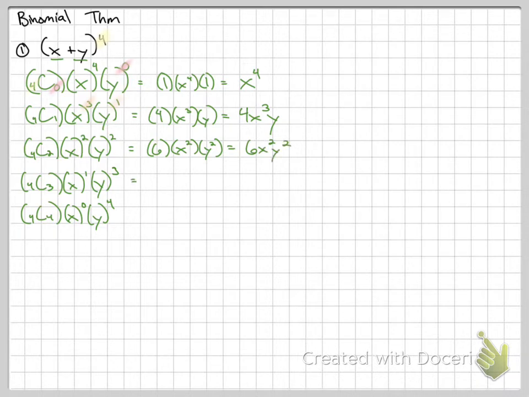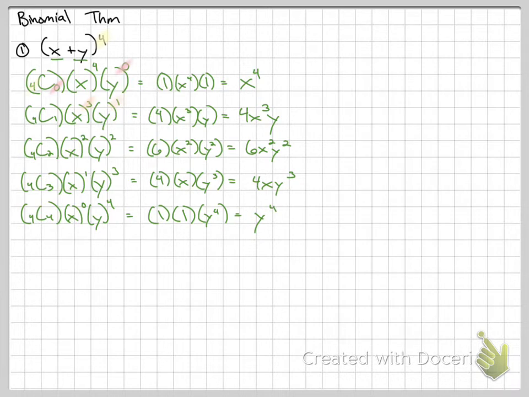4c3, you're going to repeat now. It's going to go back to 4x y cubed, and then anything c itself is just 1. You'll have 0 x's, anything to the 0 is 1, and y to the fourth, which is going to give me y to the fourth.